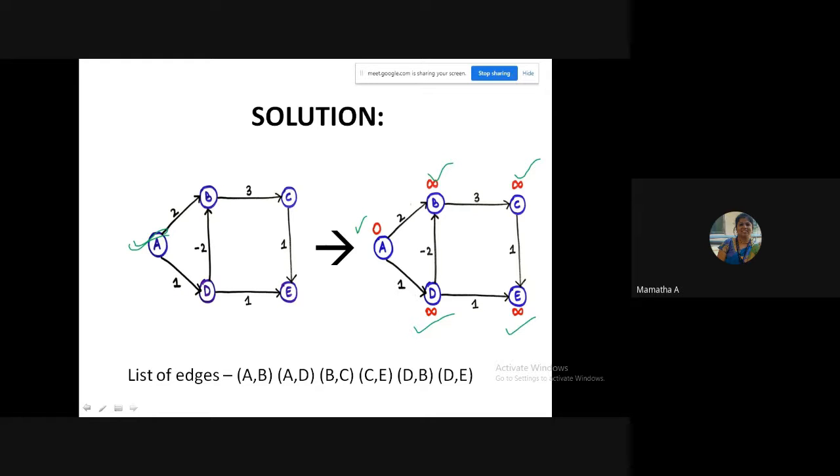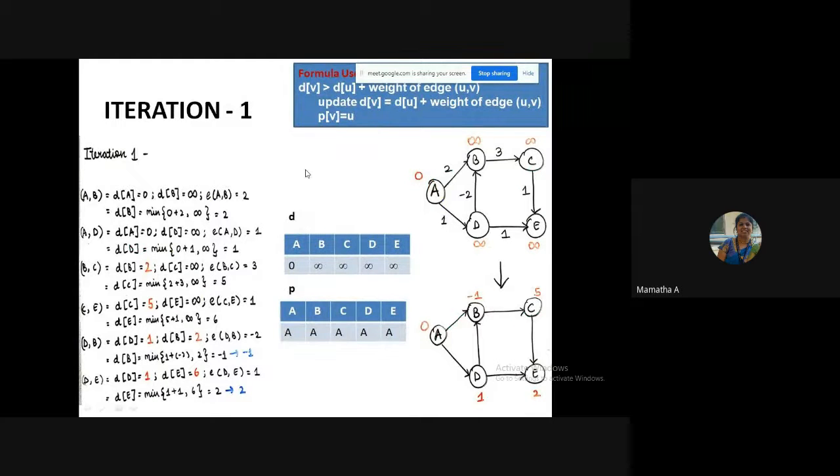Go in a sequence: A to B, A to D. Next B to C. Then C to E, D to B, then D to A. So list out all the edges. I have 6 edges, so that is where I have to repeat it. Now, the first iteration.